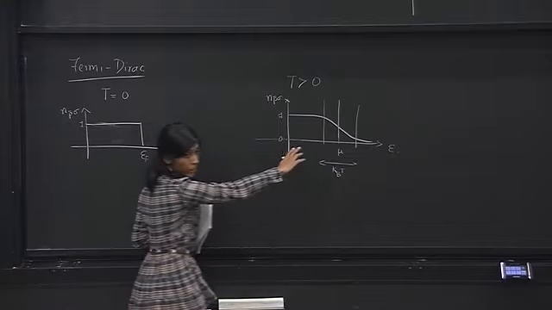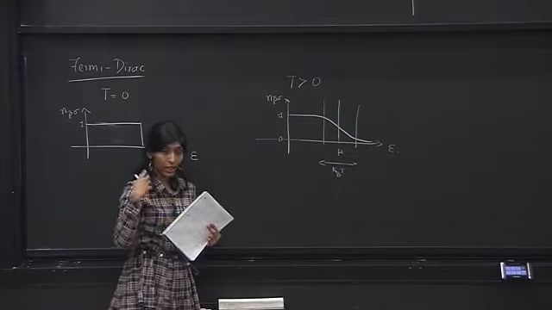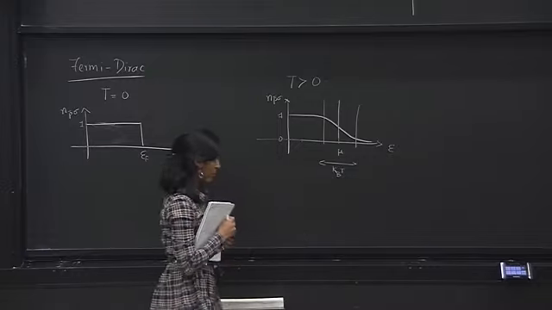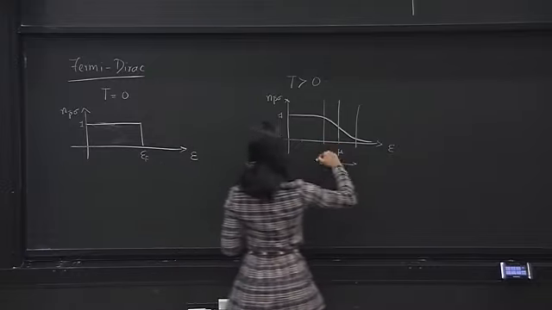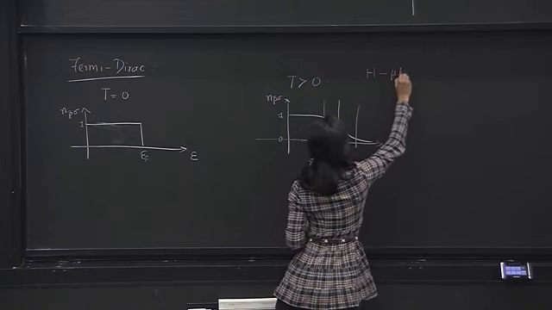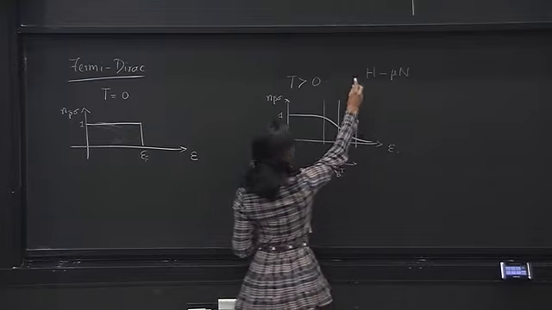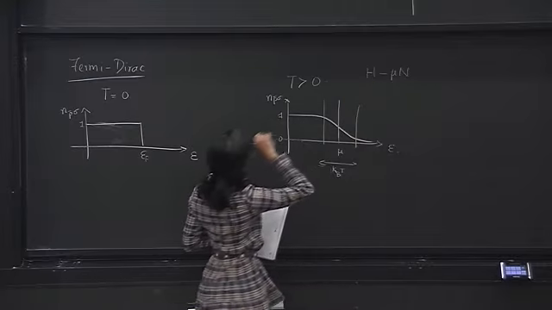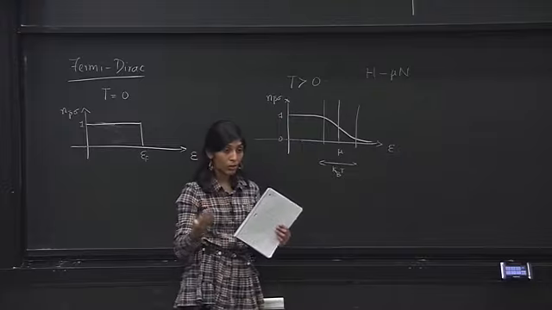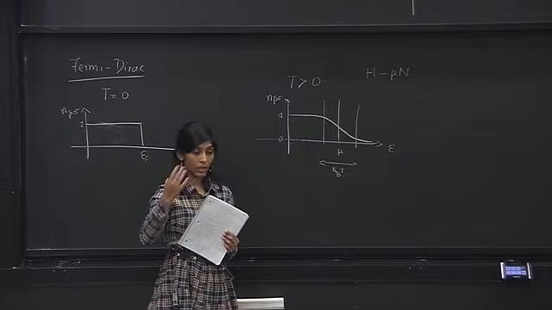You should think of the Fermi-Dirac distribution as arising within the grand canonical ensemble. So instead of fixing the number of particles as we have before, we now calculate this occupation in the Hamiltonian H minus mu N, where N is the number of particles. So instead of just the p squared over 2m Hamiltonian, we think about this Hamiltonian, and we allow for the particle number to fluctuate.